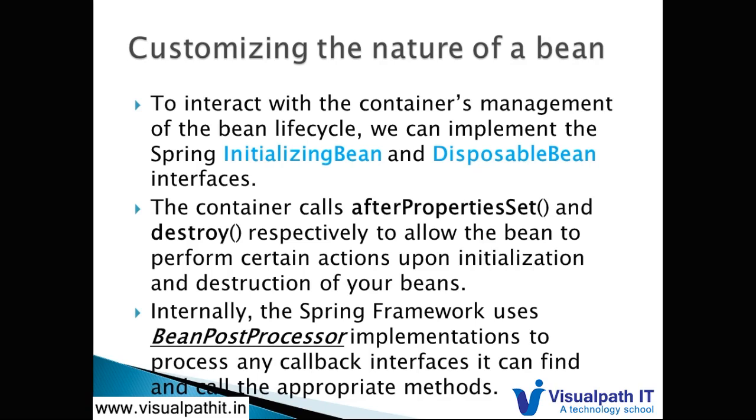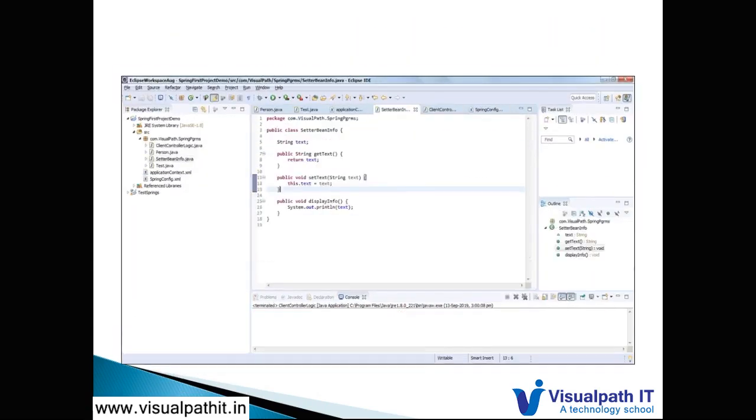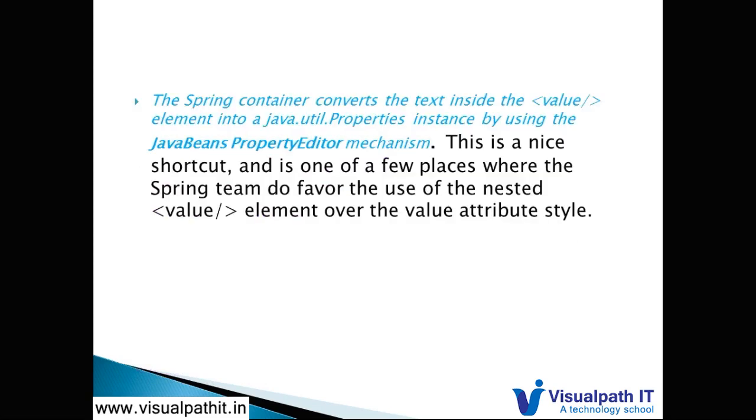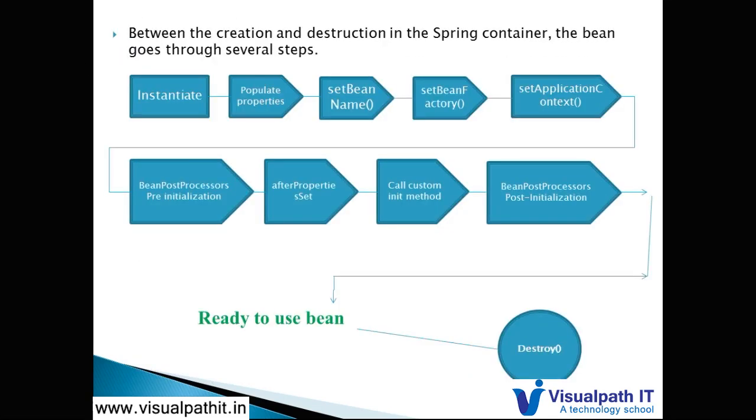The container calls afterPropertiesSet and destroy, as we already saw here. Understanding this flow is very important. This one: instantiate, populate properties, set bean name, set bean factory, set application context, and here this is the afterPropertiesSet.